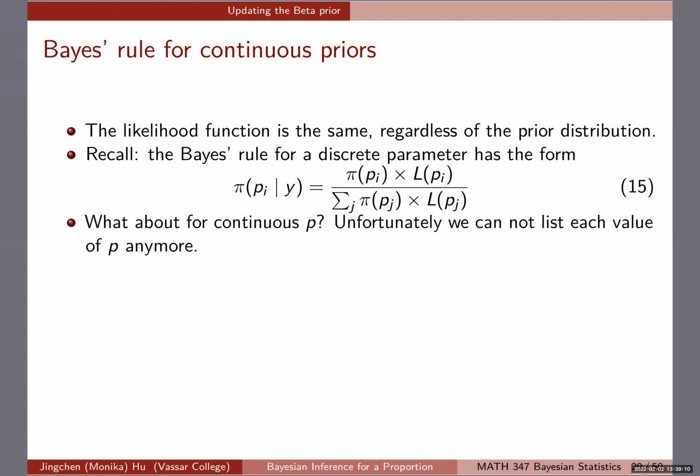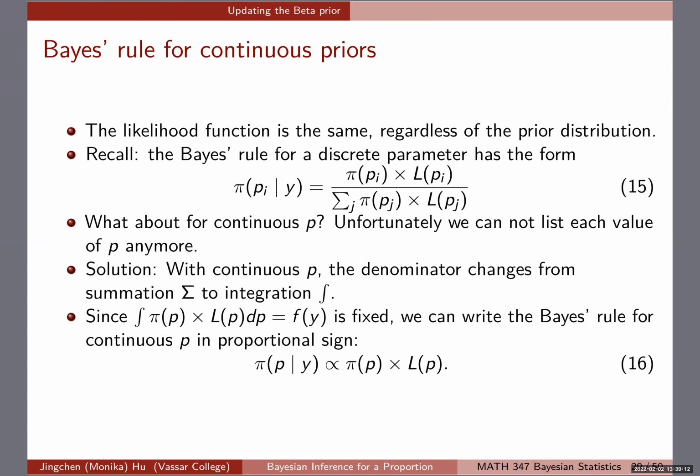All right, so with that in mind, I want to show you the general process. Okay, so we know that we're going to change this from summation to integration because we're doing a continuous case.